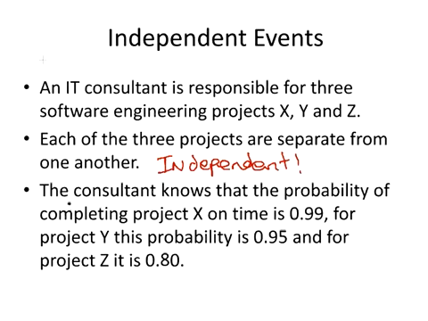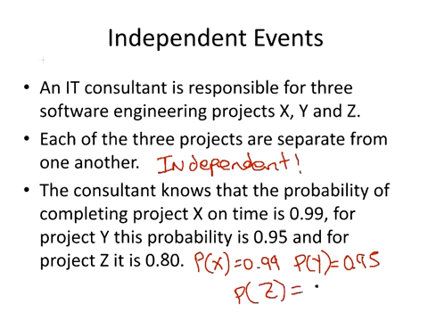The consultant knows that the probability of project X completing on time is 0.99, so we're going to write that as follows: probability of X equals 0.99. For project Y, it is 0.95. And for project Z, it is 0.80.